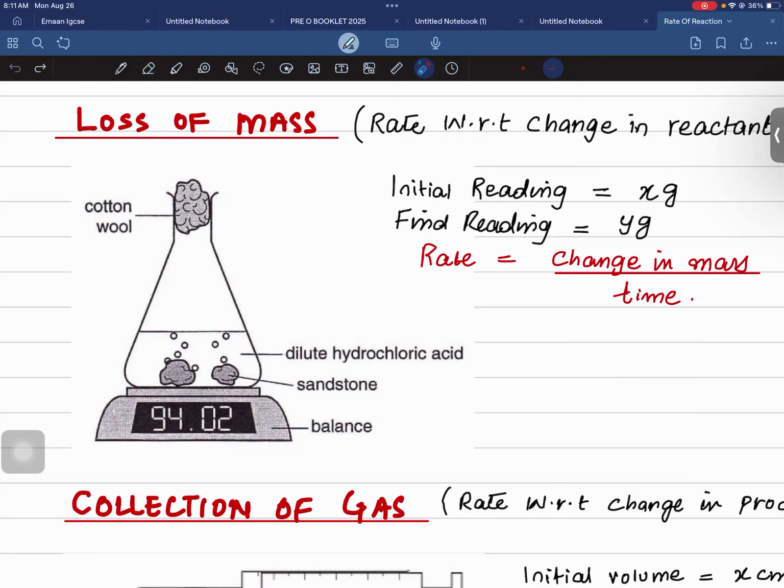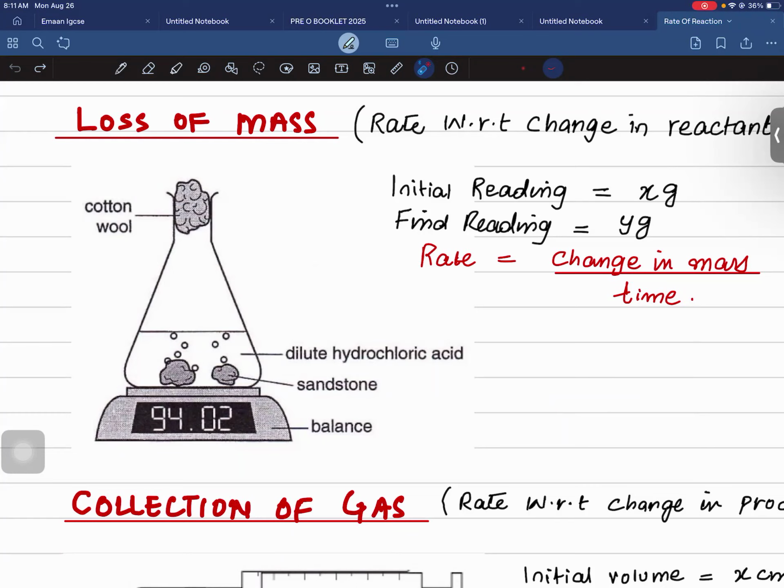So whenever we are going to determine the rate of reaction, we always consider the reaction and experiment in this manner. You will always see the loss in mass or gain in mass. Right now, we are just considering the loss in mass. If the mass is being lost in a short amount of time, I can say that the rate of reaction is faster.